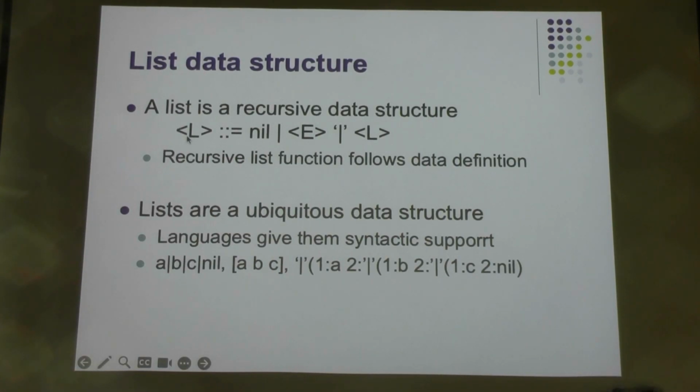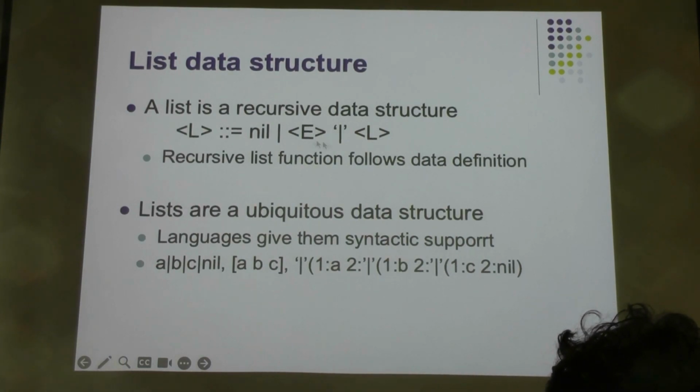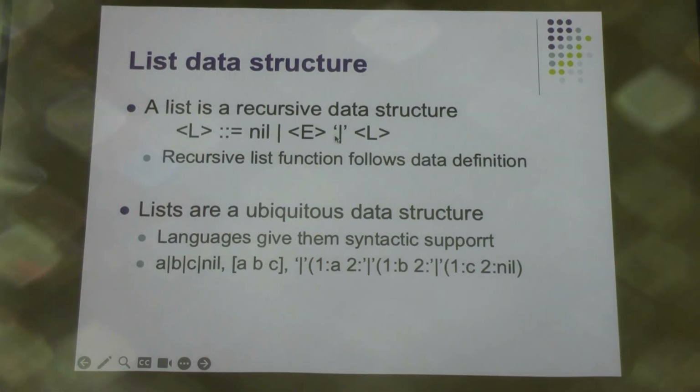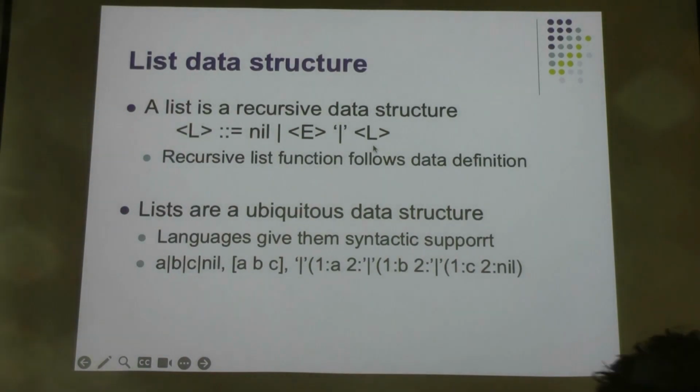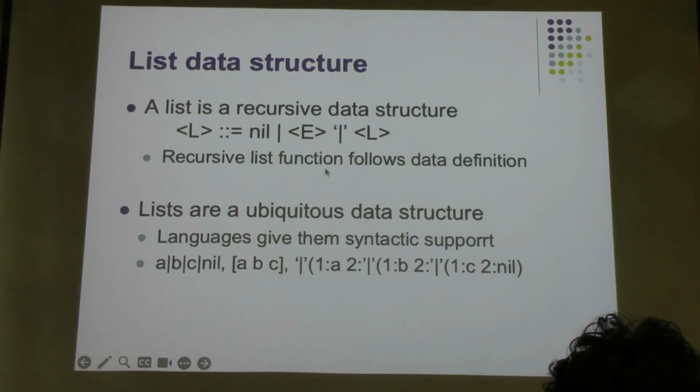A list here is defined as either being nil or, so the vertical bar in the grammar means or, an element E followed by a vertical bar. In quotes it means it's a part of the definition of the structure we're defining, and followed by another list. Okay? So a list is a recursive structure that ends in nil.